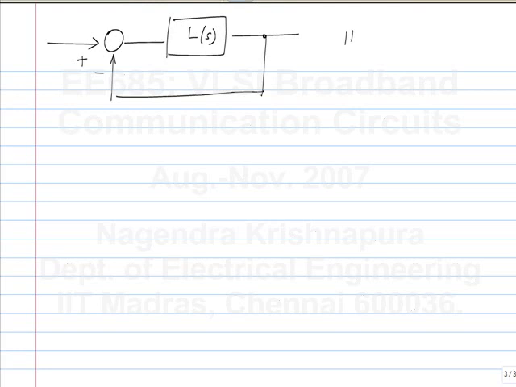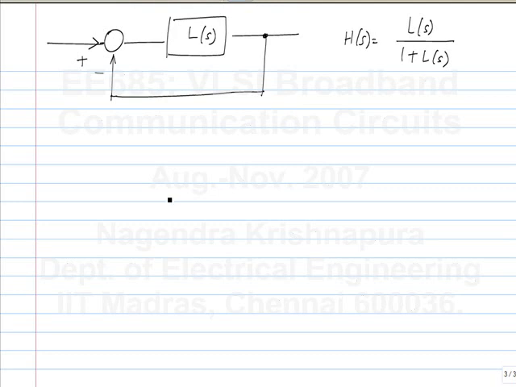The transfer function is L(s) by 1 plus L(s). So instability means that 1 plus L has roots on the imaginary axis or in the right half plane. And the same thing is expressed using approximate criteria like phase margin and gain margin, etc.